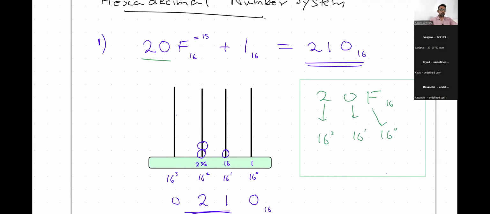It is 16. You can put up to 15. When you reach 16, you have to take all 16 circles into the next position as one circle, because the next position represents 16. 16 represents one circle.